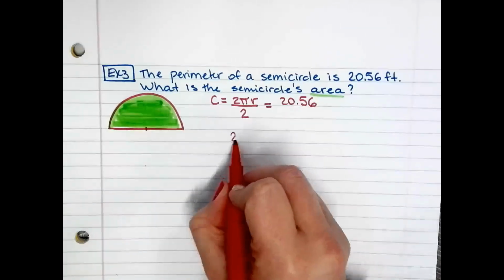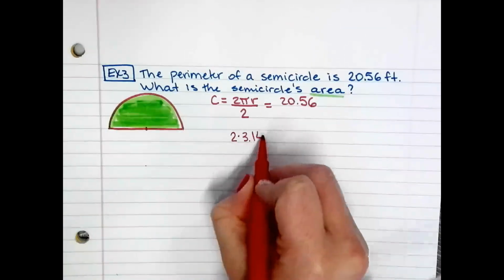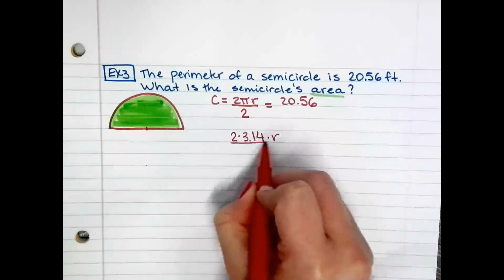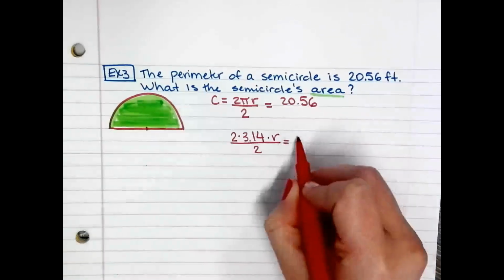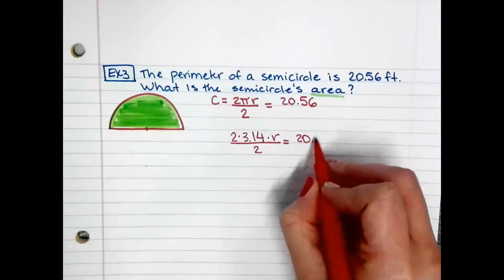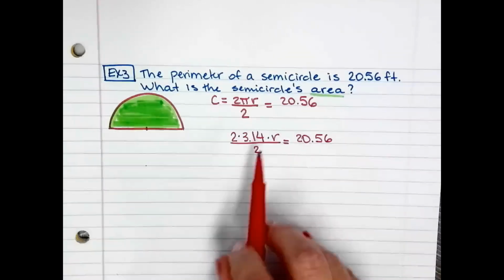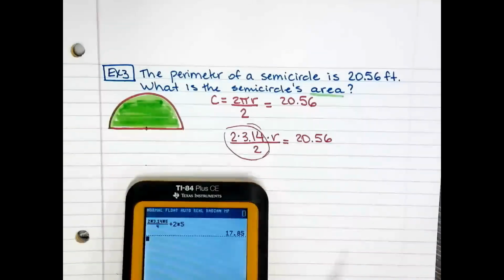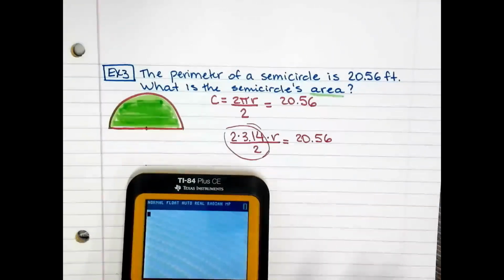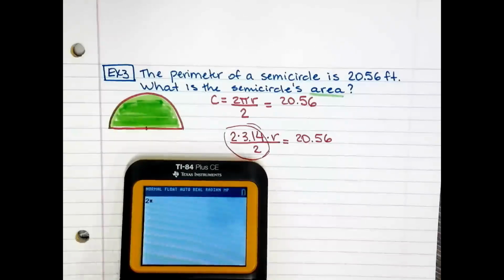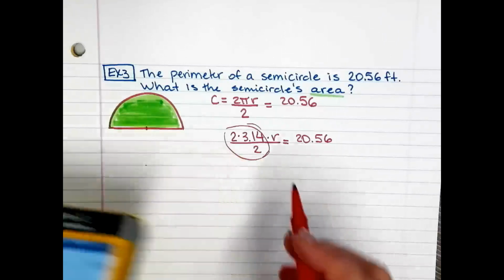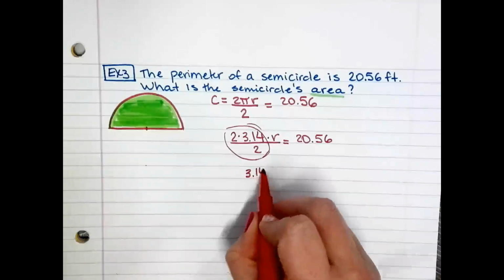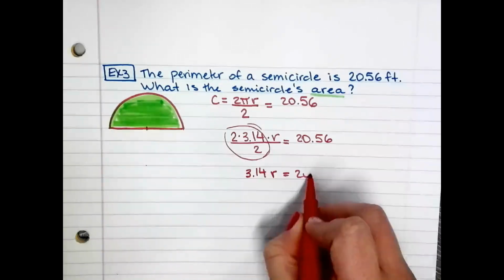So 2 times pi, which is 3.14, times r, over 2, equals 20.56. I can put this in the calculator to isolate r, or that's the first step to do so. 2 times 3.14 divided by 2 is 3.14. So 3.14 r equals 20.56.